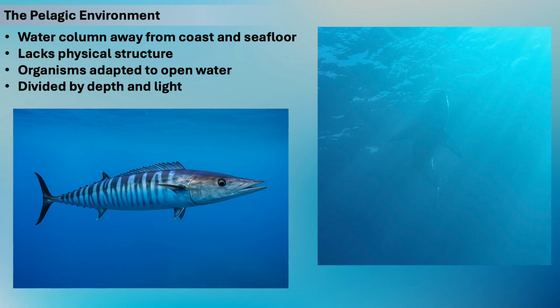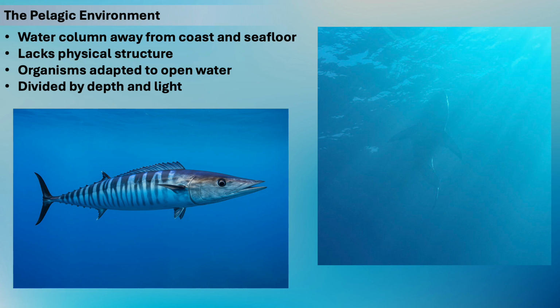The open ocean is referred to as the pelagic environment, which includes all water away from the sea floor and coastal boundaries. Unlike coral reefs or coastal systems, the pelagic environment lacks fixed physical structure. There are no surfaces to attach to, no crevices for shelter, and no defined physical territories.